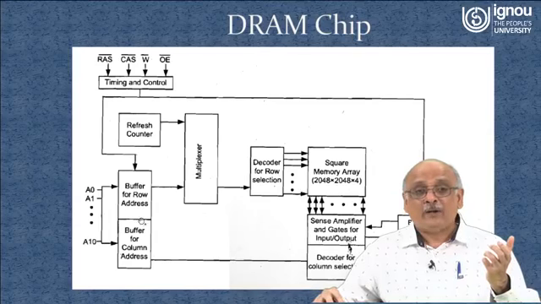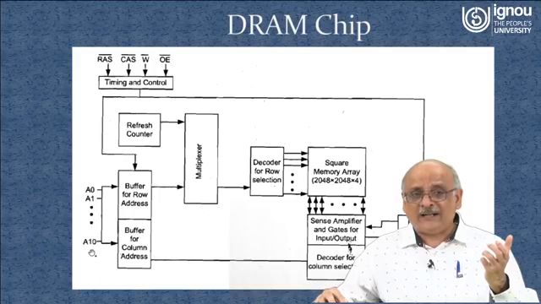Therefore we reuse certain pins, A0 to A10. How many bits of address? 11 bits only, and what we require is 11 for this, 11 for this. So we can reuse them first for selecting the row number and then for selecting the column number. And this is what this particular bit determines.